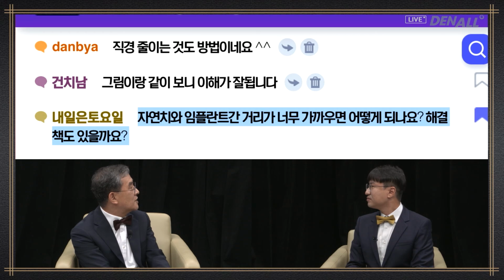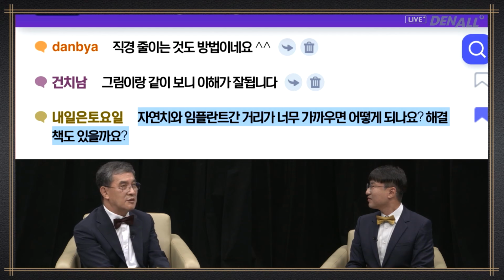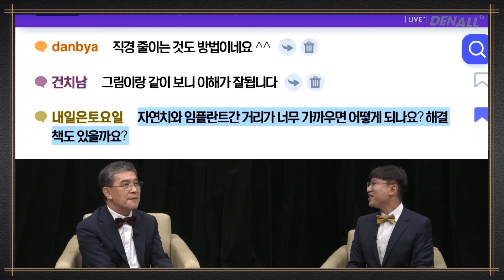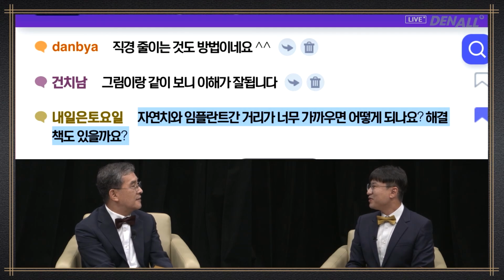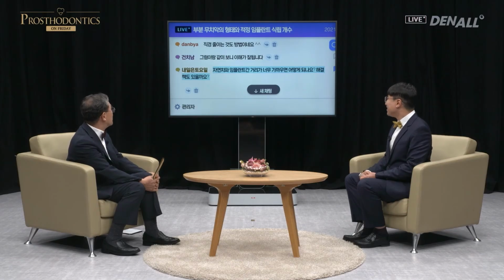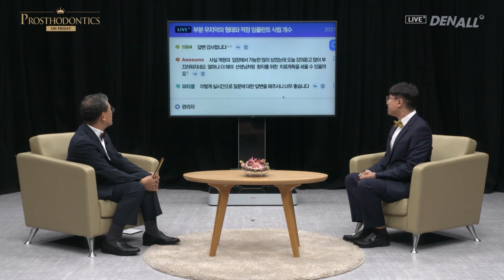Tomorrow is Saturday. What happens if natural tooth and implant is too close? Is there a solution? Next time, if possible, I would like to show you my case. One time, there was only 0.5 millimeter with the natural tooth.